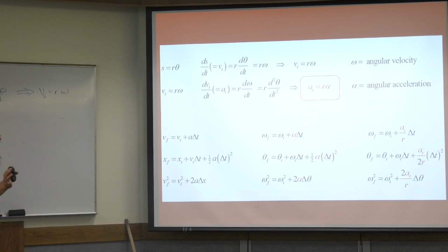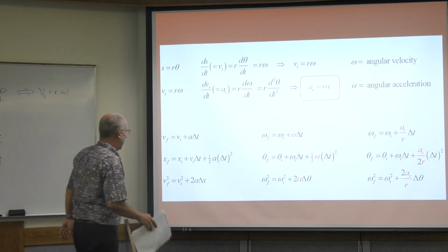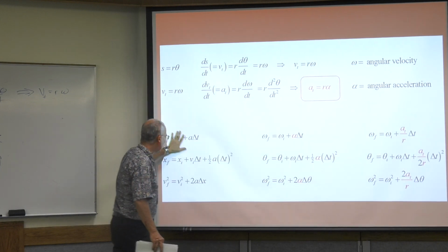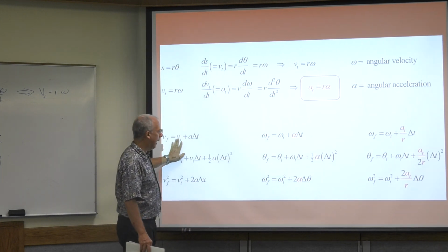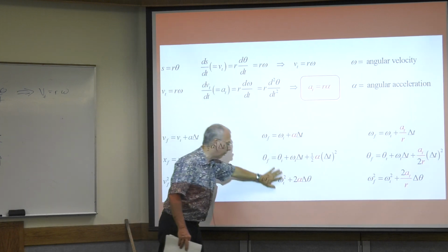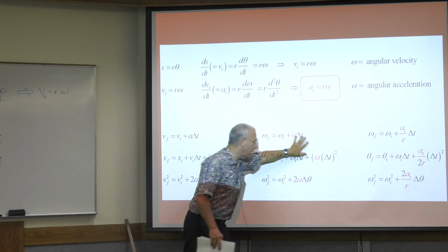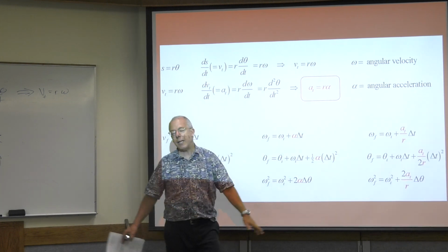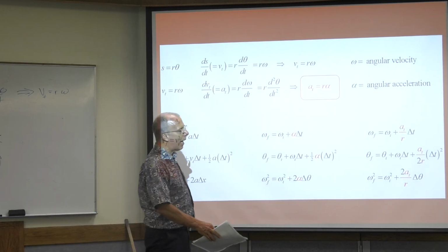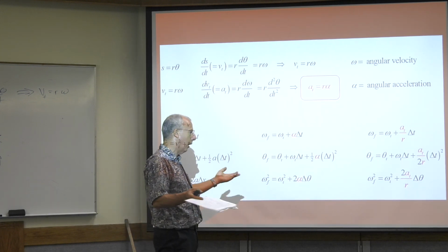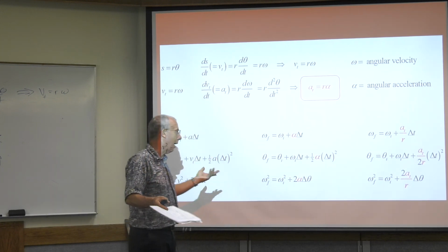Okay, now there's one little weird thing. I always like to use these, because I have these three memorized. So then I just replace the variables. These are all linear variables, and these are all angular variables. However, Randy Knight, the author, sometimes likes to mix the linear with the angular, which I think is weird. But he wrote the book. He's a smart guy. He can do whatever he wants.